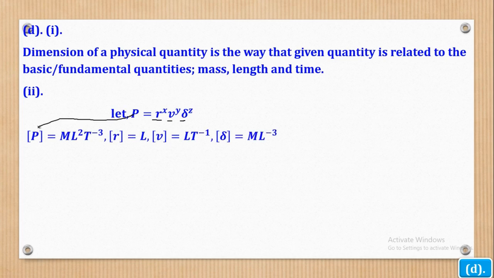So dimension for P is that, dimension for R is that, dimension for V is that, and dimension for sigma is that. Now here what you should realize is that it is this symbol which is in box brackets to mean that I'm getting its dimension, but the dimension itself is not in a box bracket.